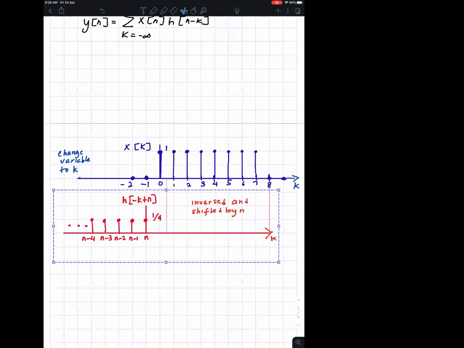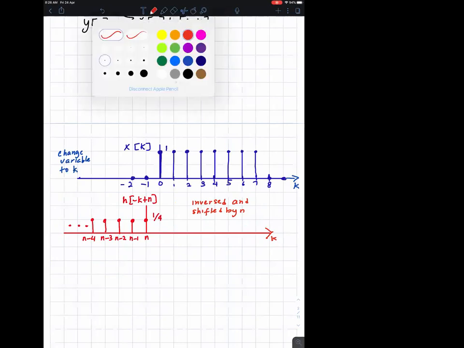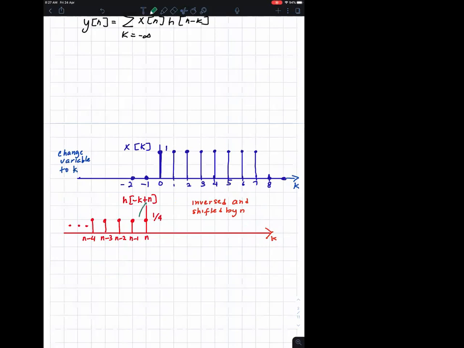At this point, you can note that the first signal here, before sliding through, and this signal here are not overlapped yet. There's no overlap yet.